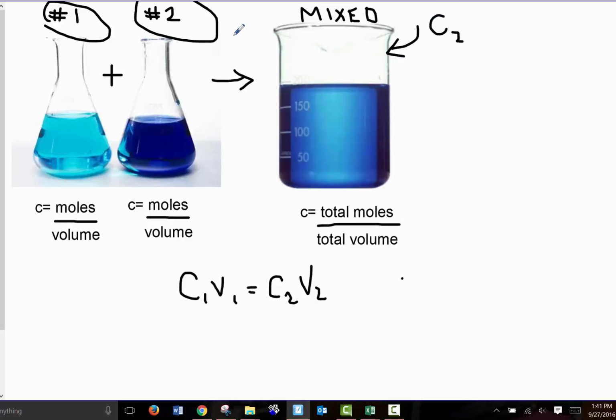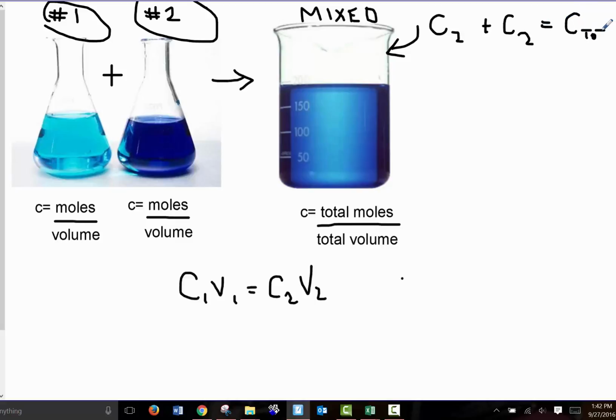I can also do the same thing in a separate dilution calculation for my second flask. I can figure out what's the new concentration once I've added the first flask to the second flask, and I would get another C2. So I would have C2 for my first dilution and C2 for my second dilution, and added together those two concentrations will give me my total concentration in the resulting mixture.